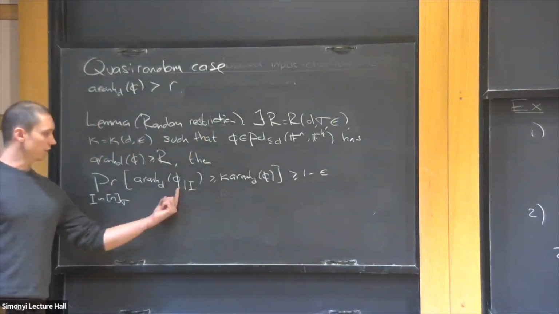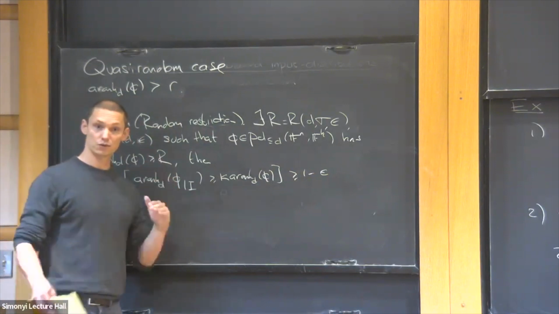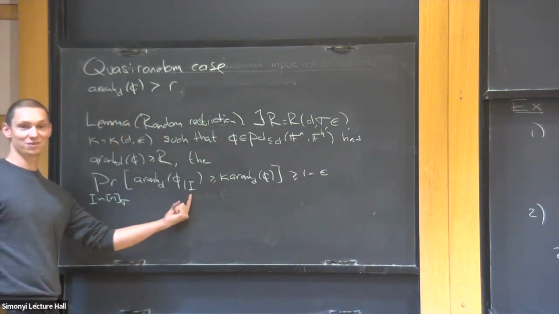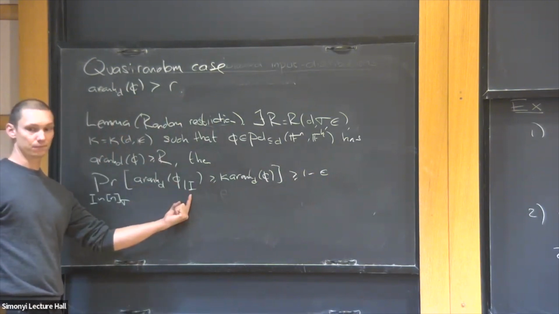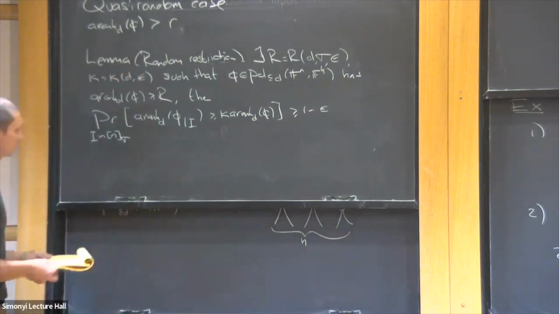So this restriction here is what you get by restricting phi only to those vectors that are zero outside of the set I. Okay. That's the random restriction lemma.